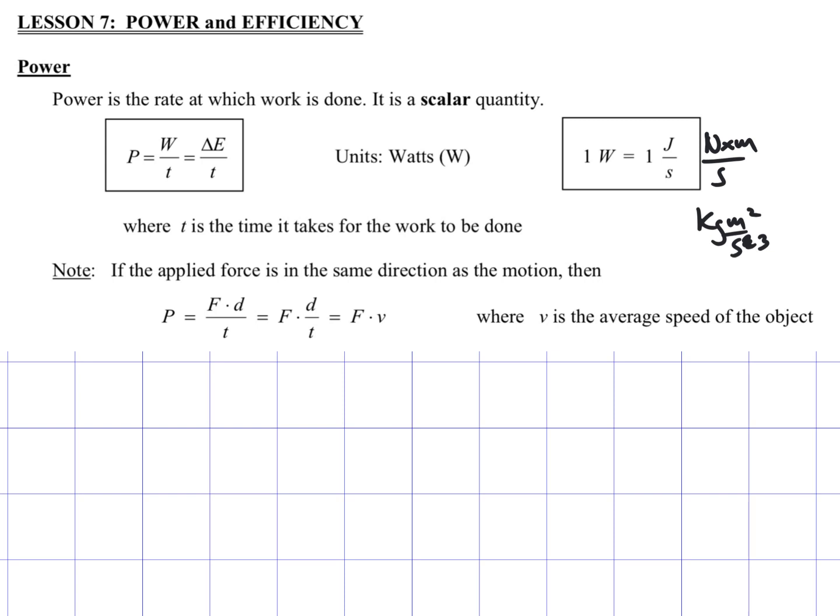Anyway, units are interesting. So, if you apply a force in the same direction, then you can also talk about this Newton meter. So there's the Newton, there's the meter, so Newton meter over time. But take a look at this, this is kind of neat. The Newton meter ends up giving you essentially a d over t, and you know that distance over time is velocity.